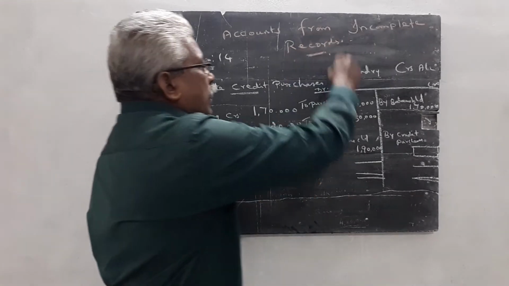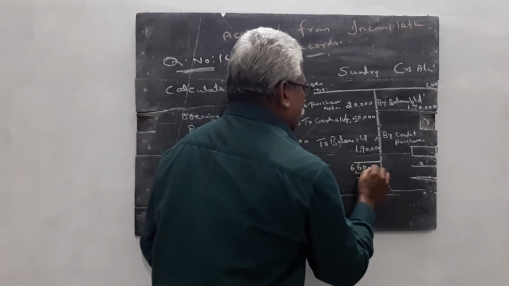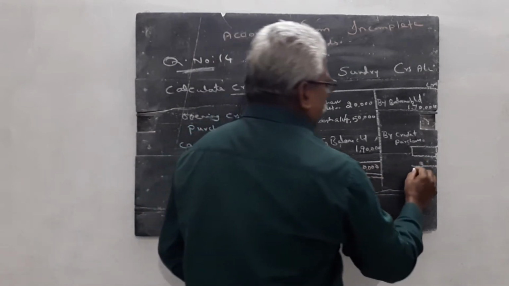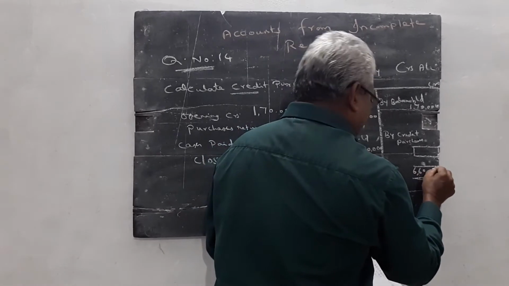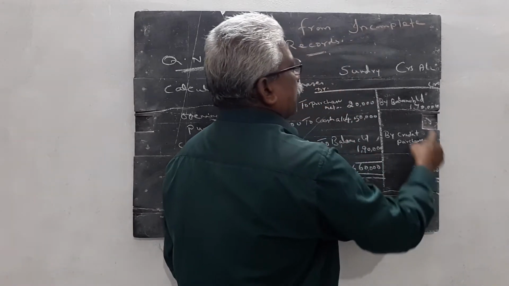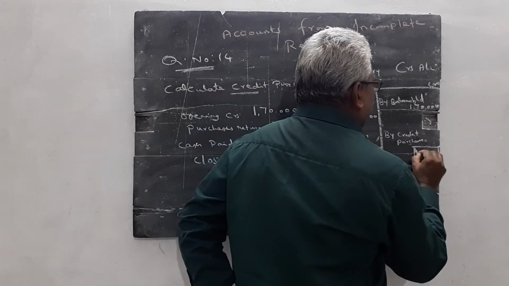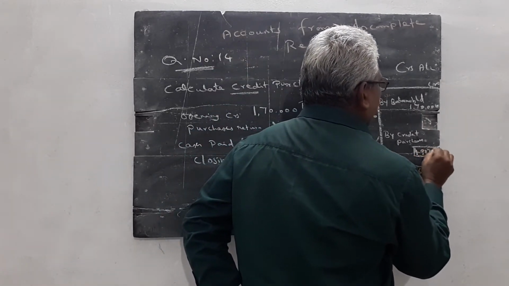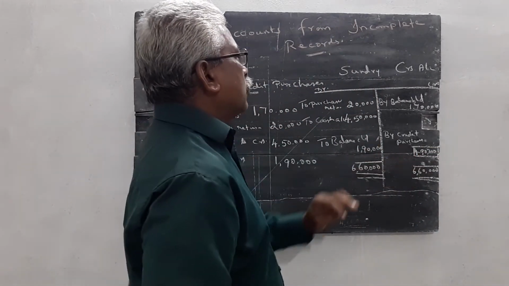First of all, we total this side: 6,60,000. The same total is entered here also, 6,60,000. 6,60,000 minus 1,70,000 is equal to 4,90,000. So credit purchases is 4,90,000.